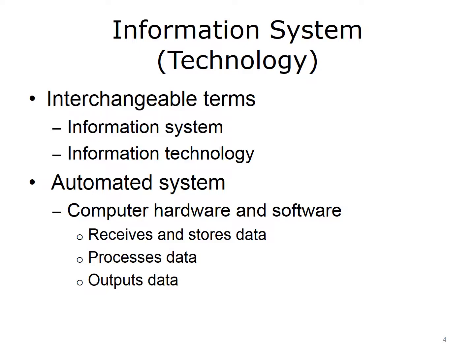The next definition in the series of terms closely related to information management and informatics is information system or technology. AHIMA defines information system as an automated system that uses computer hardware and software to record, manipulate, store, recover, and disseminate data.